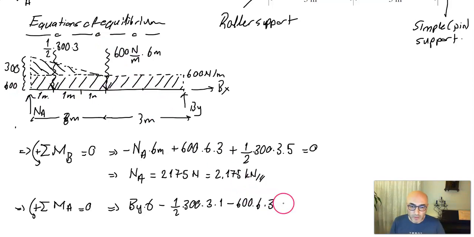So that's 0. From here, BY will be 1,875 Newton, and that is equal to 1.875 kilonewton.